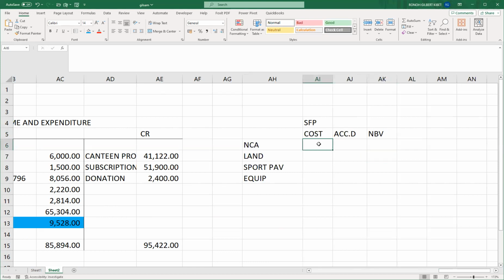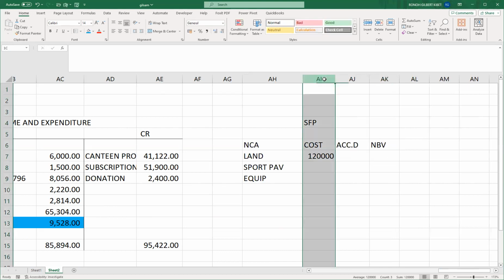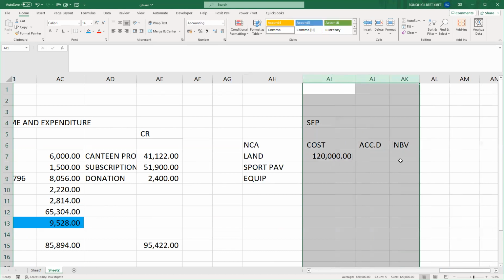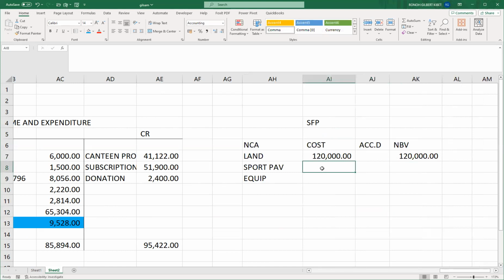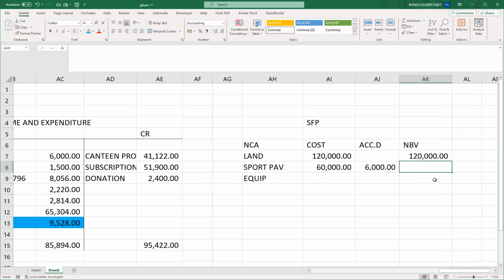The cost for land should be 120,000, and we don't depreciate land, so the net book value is the same, 120,000. Then sport pavilion, we have 60,000, and we calculated depreciation of 6,000, so the net book value will be the cost minus depreciation.